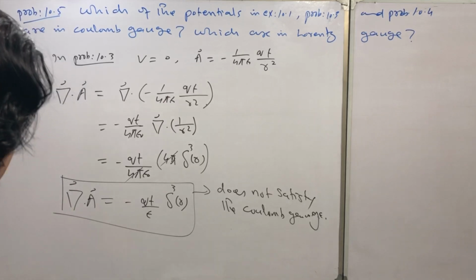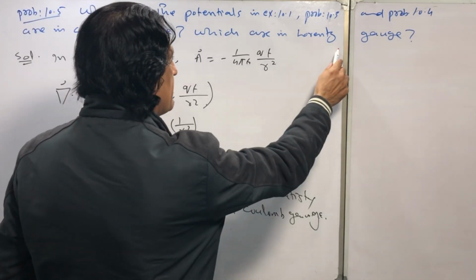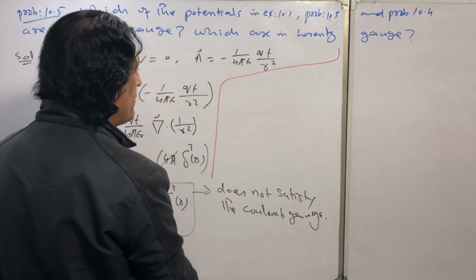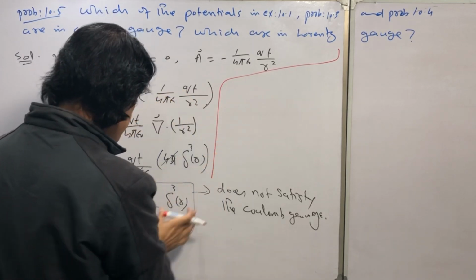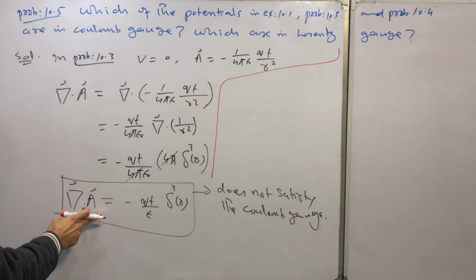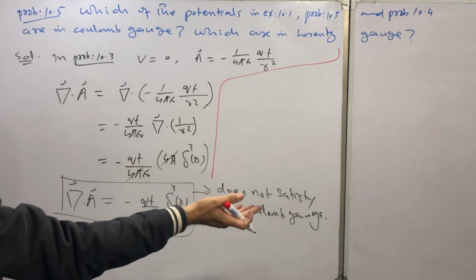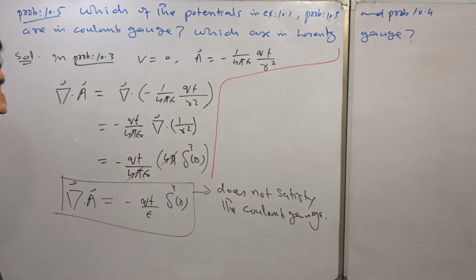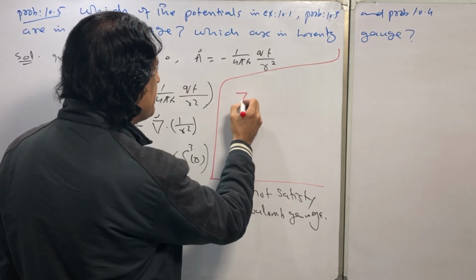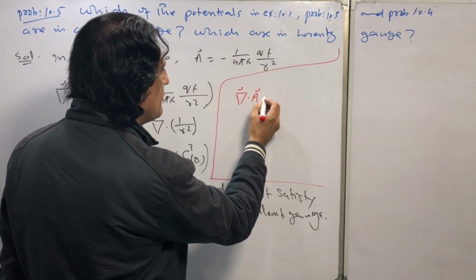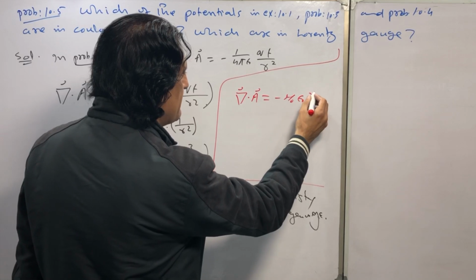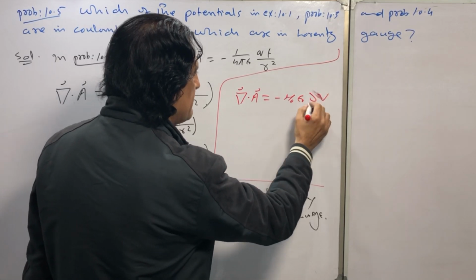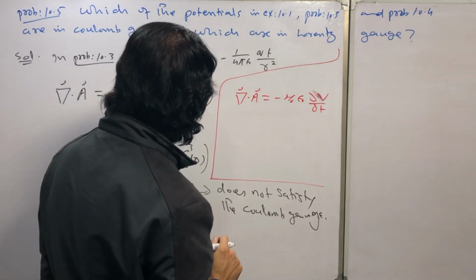Similarly, we can look for the Lorentz gauge. For the Lorentz gauge, the divergence of A is equal to this, and the left hand side and the right hand side are not equal. The condition for the Lorentz gauge is that the divergence of A is equal to minus mu naught epsilon naught partial V divided by partial t.